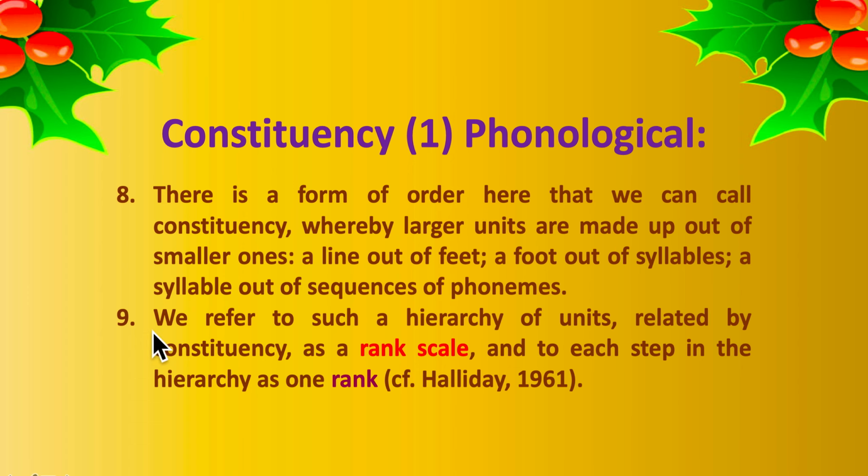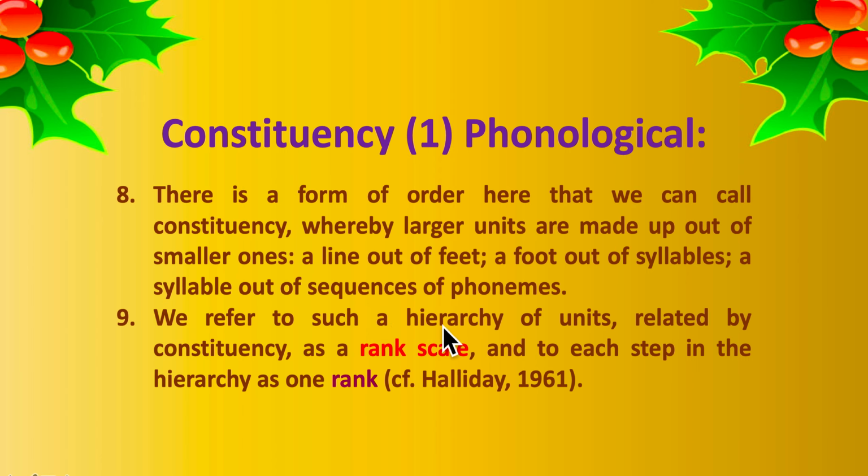And the last point of this discussion: we refer to such a hierarchy of units related by constituency as a rank scale, and to each step in the hierarchy as one rank. Hierarchy means we have grades, level 1, level 2, level 3, level 4, like this.